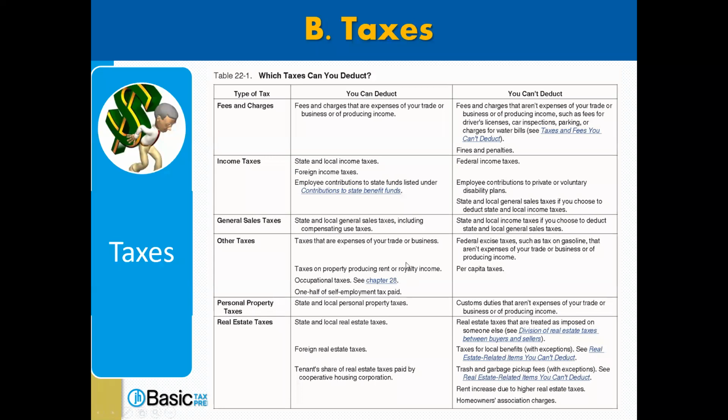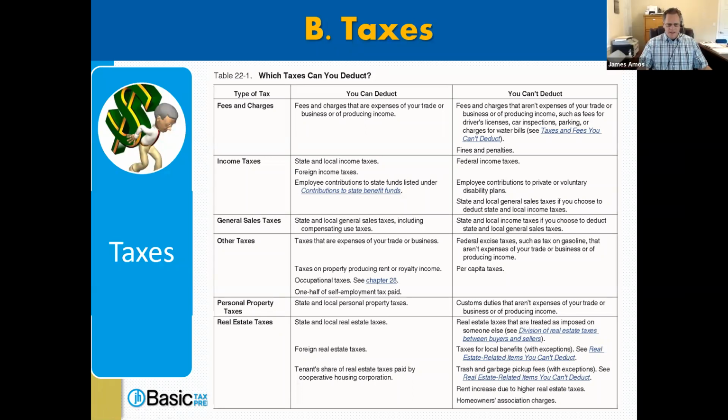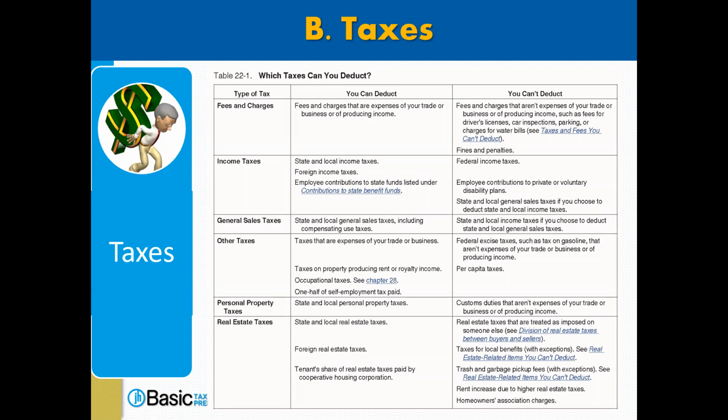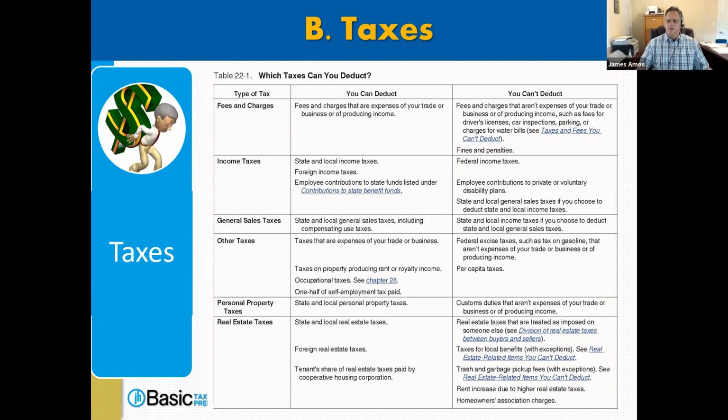Okay. So if it's business related taxes, it goes on Schedule C, as in Charlie. If it's related to rent or royalty or pass-through entity, it's going to go on Schedule E, as in Echo.